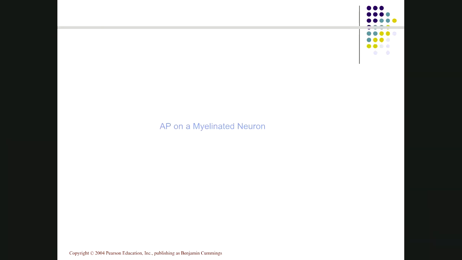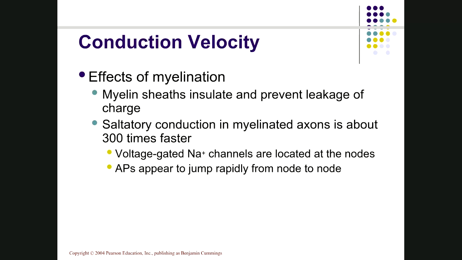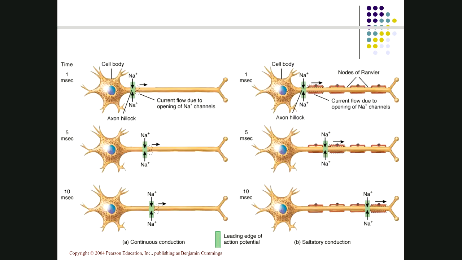Again, this is another little video that you should watch. But action potentials on myelin sheaths are much faster. They can be as much as 300 times faster. So if you compare unmyelinated to myelinated, look, they started exactly the same time.